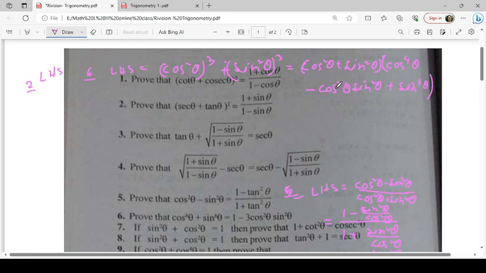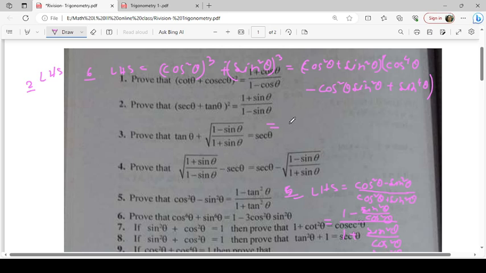We are having it. So this first factor is 1. Now only this factor remains, which is a square plus b square. So we can write a square plus b square plus twice ab, where a is cos square theta and b is sin square theta.